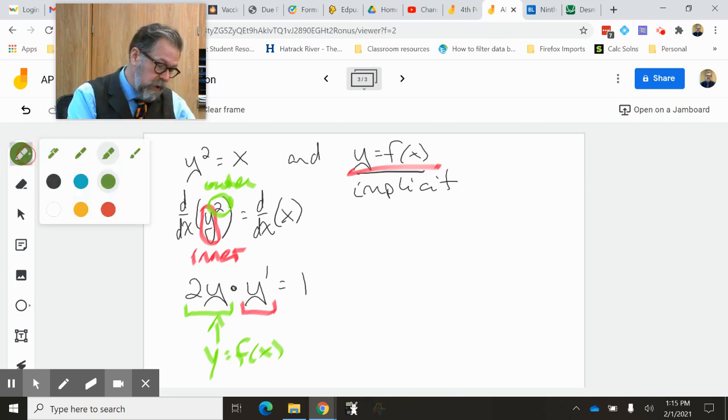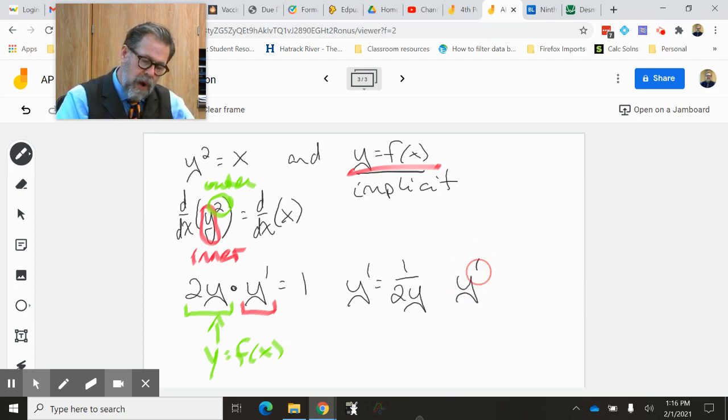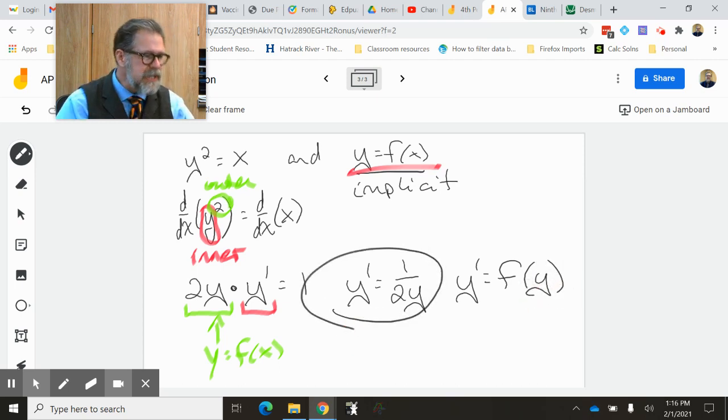Going a little bit further, however, with this problem, what we then see is that the derivative of y is equal to 1 over 2y. The derivative of y is a function of y. And that's okay, because when we're looking at these implicit derivatives, often the equation comes from a result of a problem.